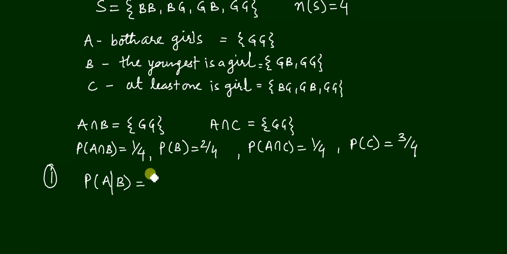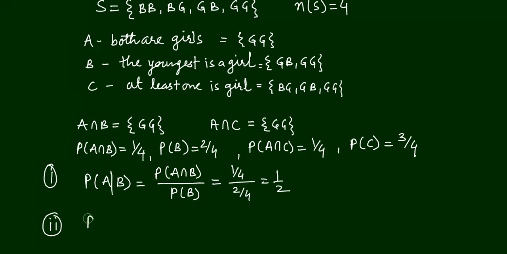According to the definition of conditional probability, it will be probability of A intersection B divided by probability of B. Probability of A intersection B is 1 upon 4 and probability of B is 2 upon 4. So this will be 1 upon 2. Now in the second case, we have to find out probability of A when C is already happened.